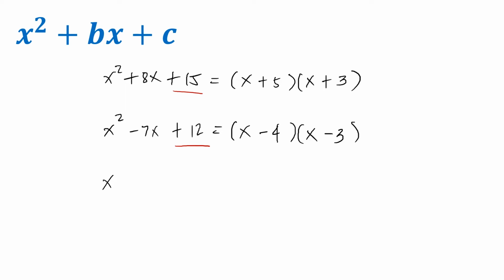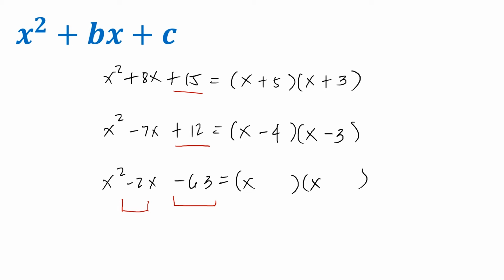Let's say we have x squared minus 2x minus 63. Again, two binomials with x as the first term. And then we're thinking of two numbers whose product is negative 63 and whose sum is negative 2. Now the product is negative and the sum is negative. So we have two numbers with different signs, one positive and another negative, because the product is negative.